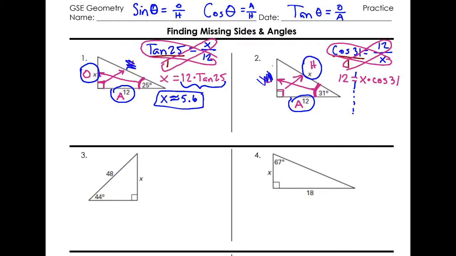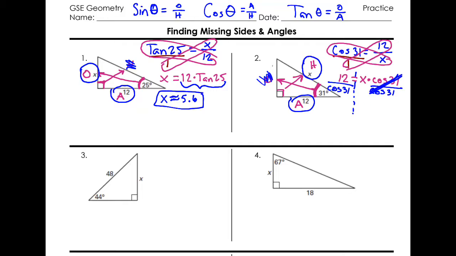And in number one, x was already by itself, so we were able to just put all that in the calculator. But here, we have to undo multiplying by cosine of 31. Well, remember, to undo multiplication, you just divide. So we're going to divide by cosine of 31, which is gone. And we have to divide by cosine of 31 on this side.